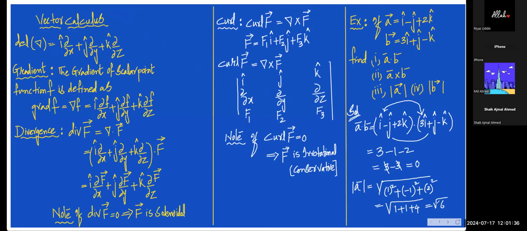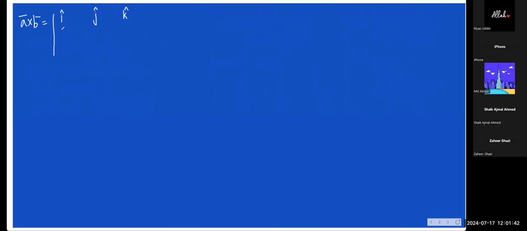A cross B. A cross B means in the determinant your first row will be I, J, K. Then you can see the A coefficients: 1, minus 1, 2.